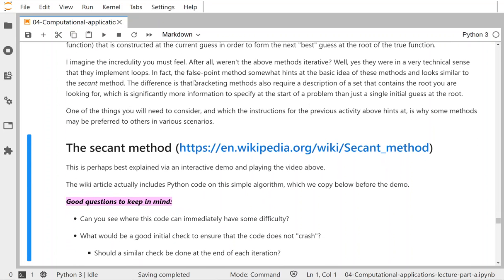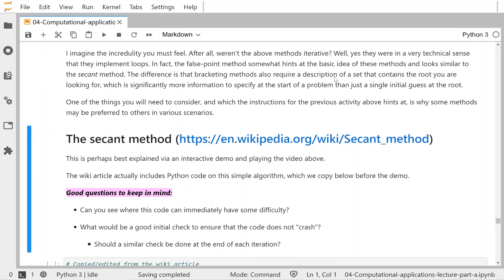The difference is that bracketing methods, as they were called above, also require a description of a set that contains the root you are looking for, which is significantly more information to specify at the start of a problem than just a single initial guess at the root. Remember what I said. The easier an algorithm is to implement, usually the more restrictive the conditions under which you can implement it.